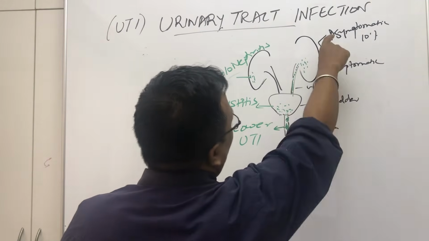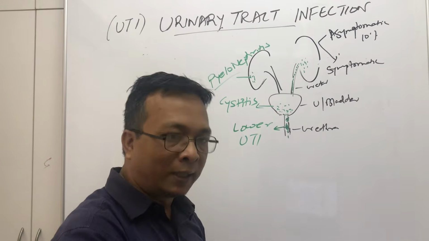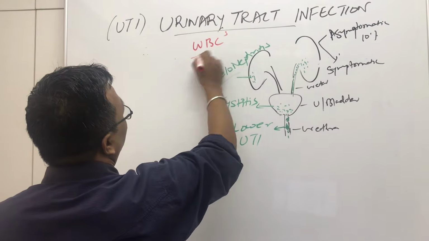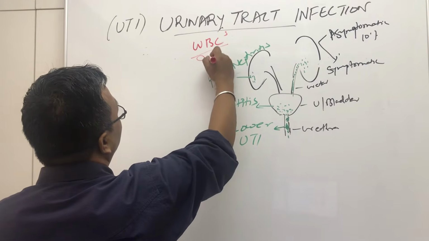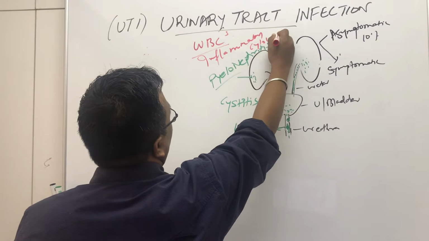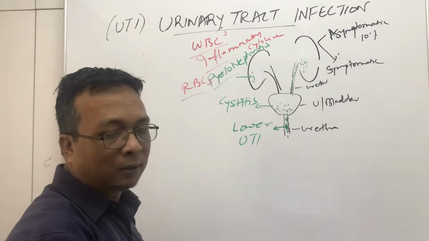So what is the common thing between asymptomatic and symptomatic? In both cases, when you see the urine report, you'll find WBCs and inflammatory cytokines. Sometimes you can find RBCs also, showing hematuria.